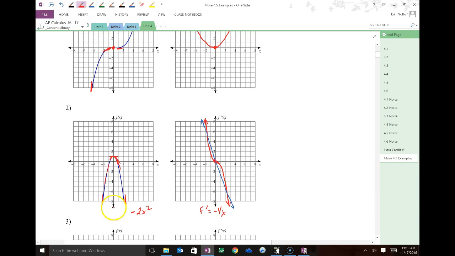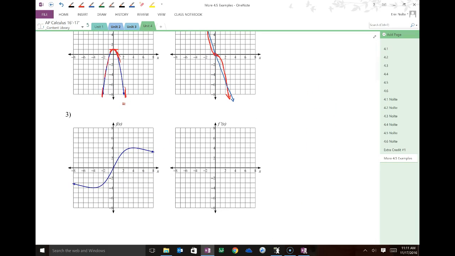Another option is that it could have been negative 2x to the 4th power, an exponentially bigger equation. The derivative of that one would be negative 8x cubed, so that one would look parabolic. So there is more than one option sometimes. Either the blue or the red slopes would work. Okay, so let's try another one.